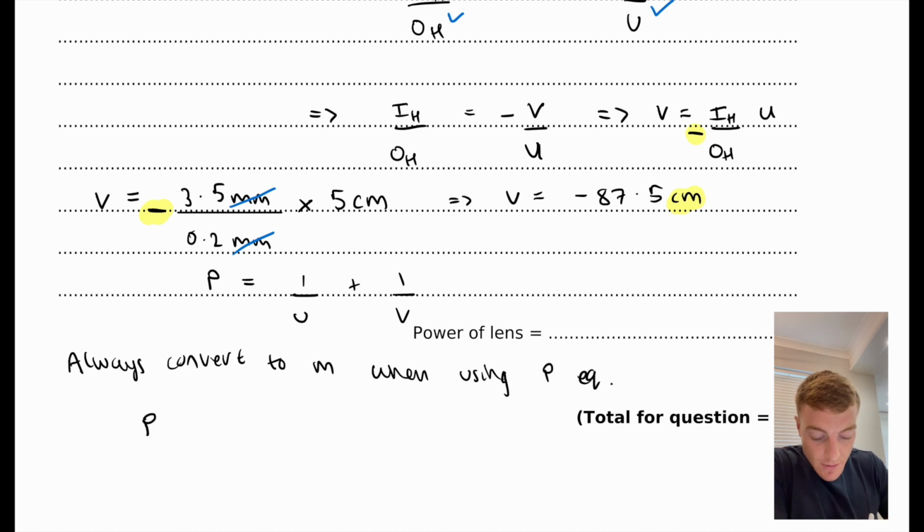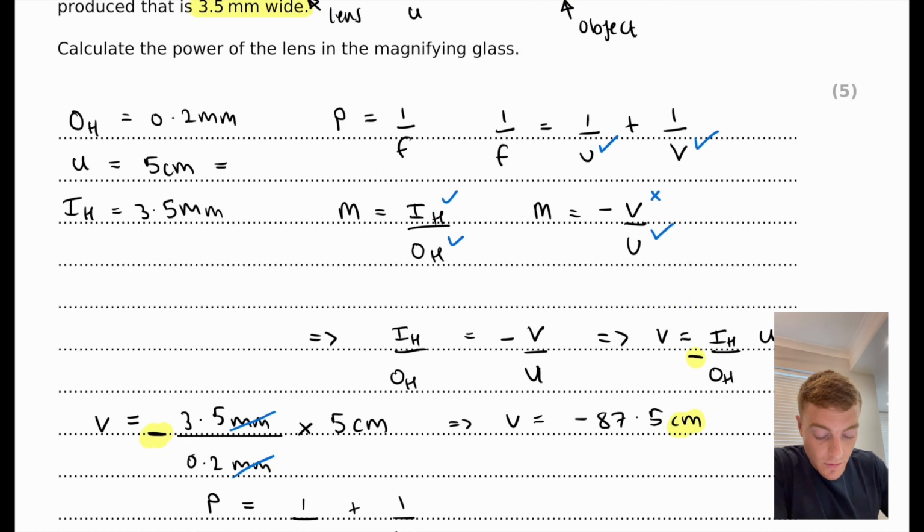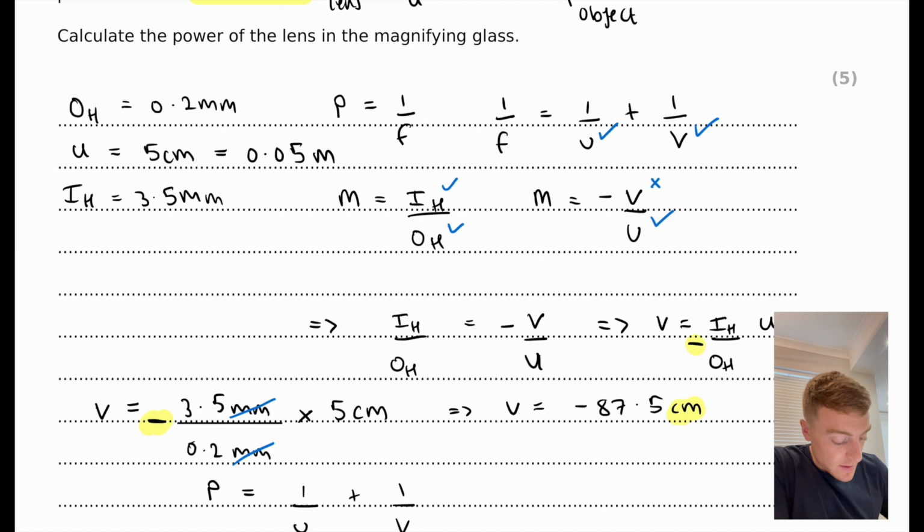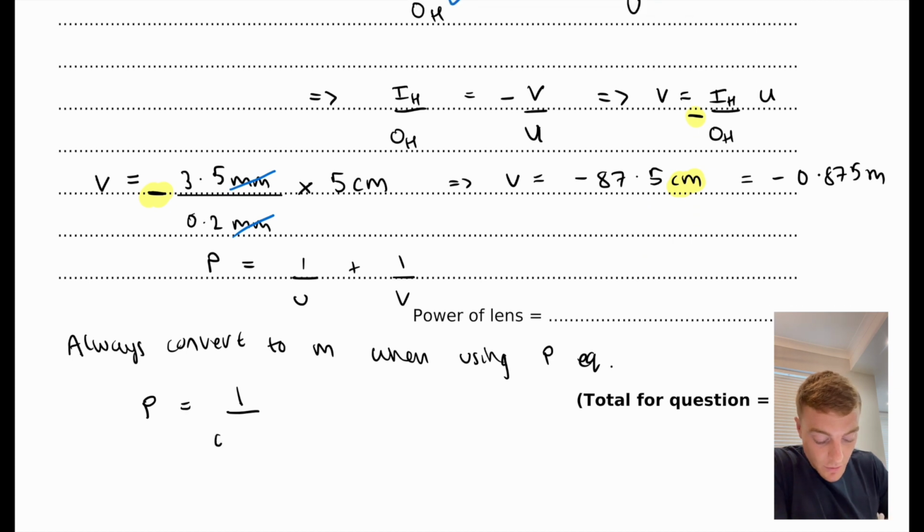Okay, so power is going to be equal to 1 over, well, that's 0.05 meters, and that's minus 0.875 meters. So that's going to be 1 over 0.05 minus 1 over 0.875.